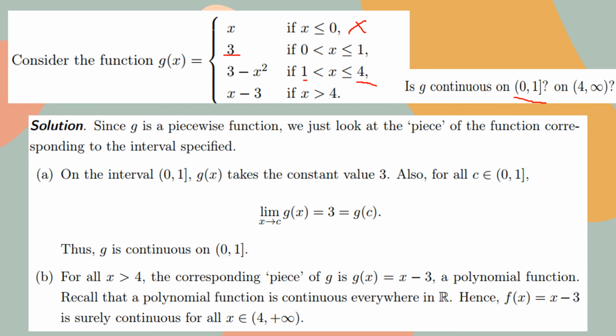Because of this, it is greater than 4. So if you investigate what type of function this is, it is a polynomial function. Polynomial functions are continuous everywhere. Therefore, the function is continuous for all x from 4 to positive infinity.